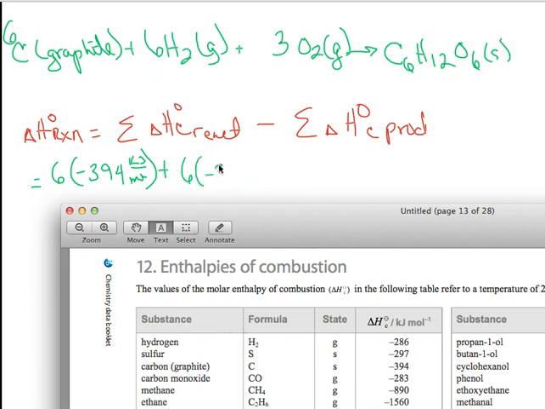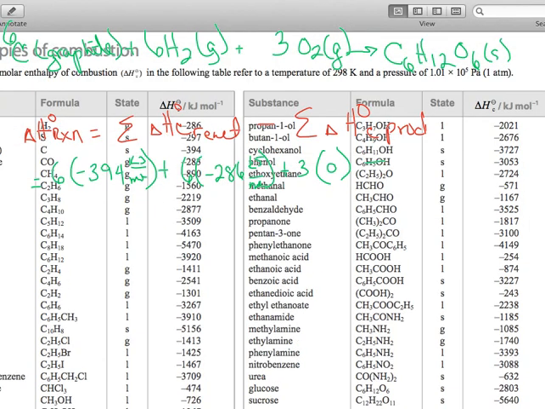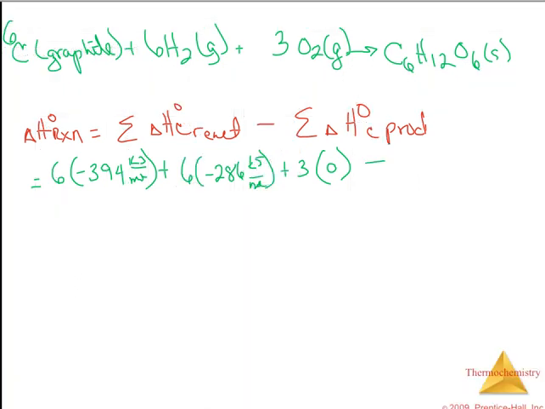Hydrogen is negative 286 kilojoules per mole, plus 3 times oxygen. Oxygen's nowhere on this table. It is actually 0. That's the reference point. Minus the combustion of glucose, which is negative 2803. It's down here. So minus the negative 2803 kilojoules per mole.